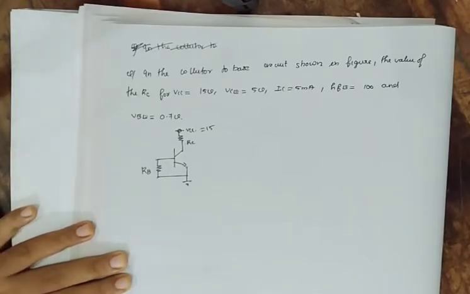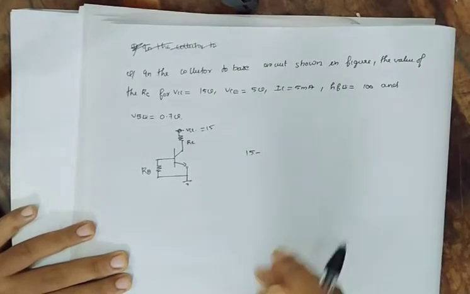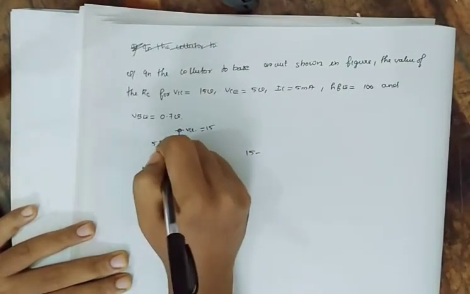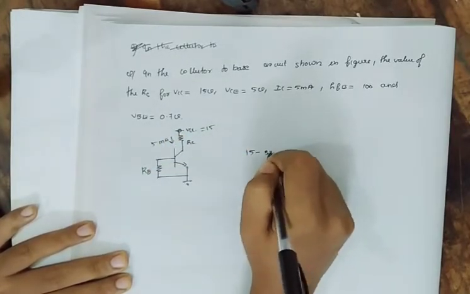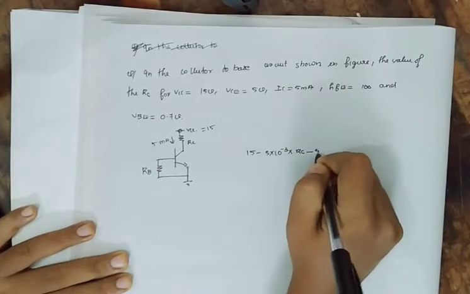Now what we are going to do is we will just write the equations. So that will be 15 minus, this one is given that 5 milliampere, right? Minus 5 milliampere into RC minus 5.